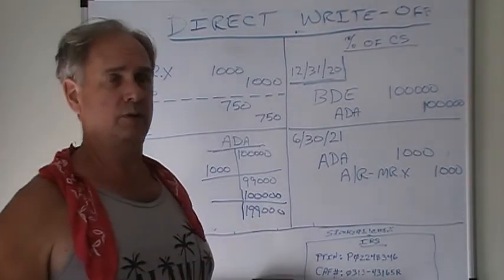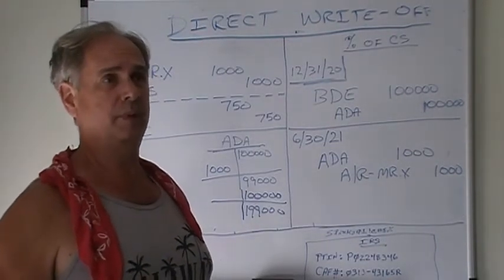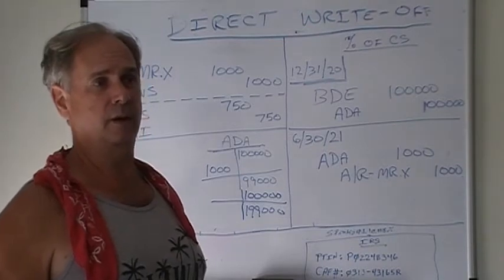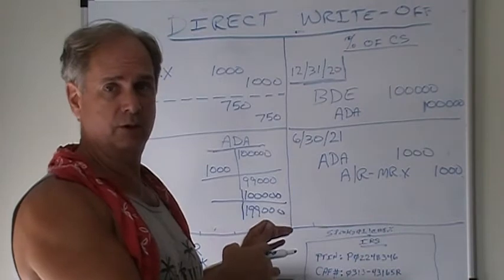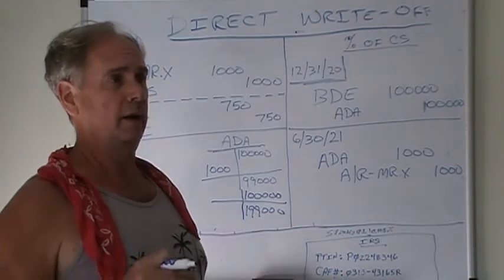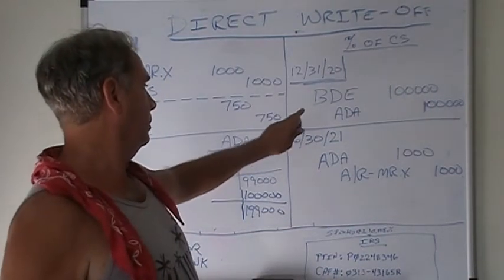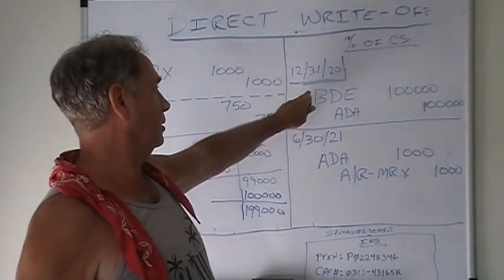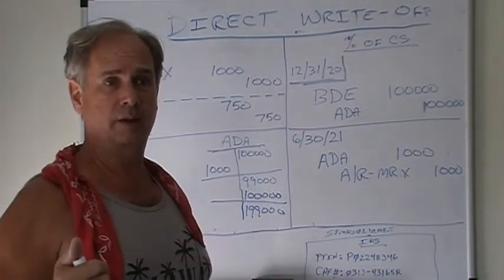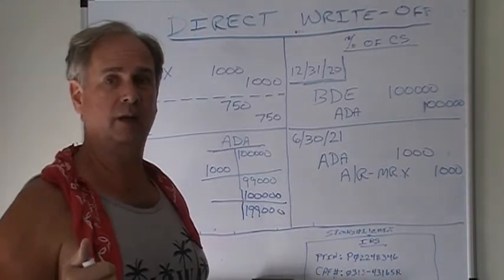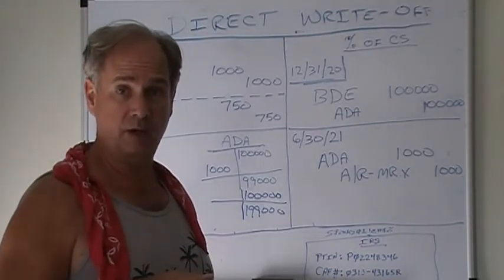Everything is essentially the same using the percentage of accounts receivable methodology as with the percentage of credit sales, except that when we make this entry at the end of the year, we're not looking at the year's credit sales, we're looking at the total accounts receivable.